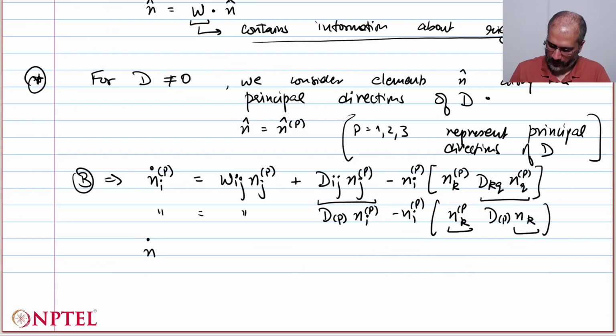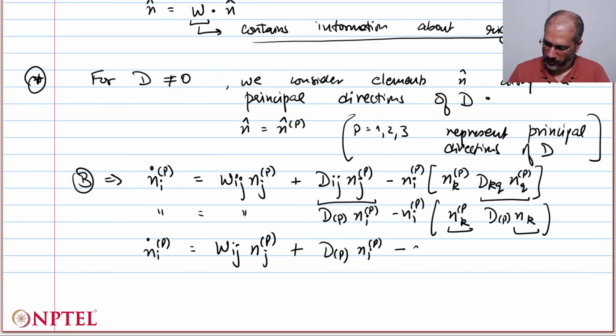So I write my ni dot p as wij npj plus dp times nip minus nip times dp. So we can see that these terms cancel out.